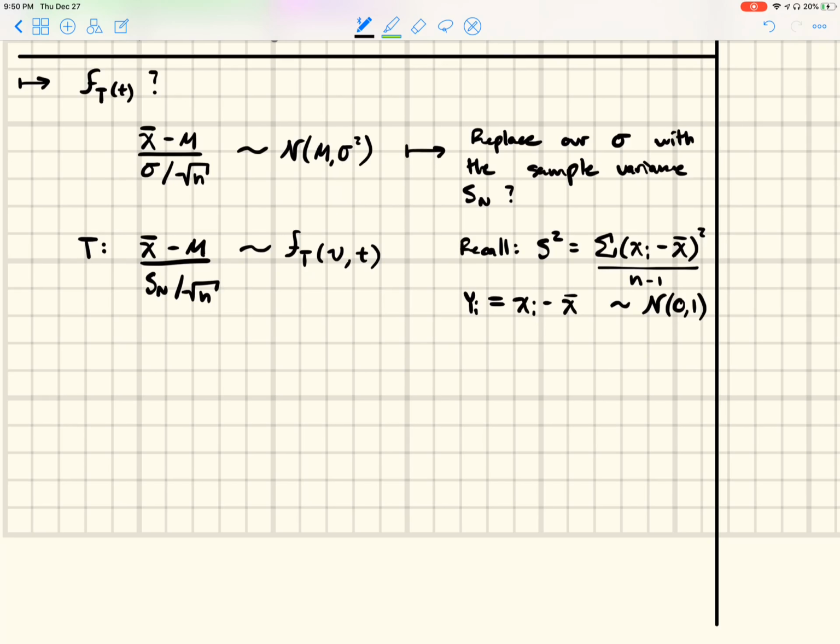And if you take a sum of squares of normally distributed random variables, you get something which is distributed according to the so-called chi-squared distribution with v degrees of freedom. So what we know is that this is distributed according to the chi-squared distribution.